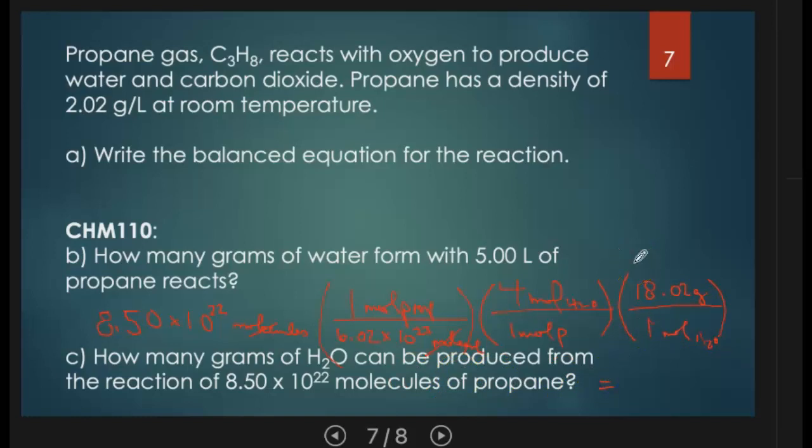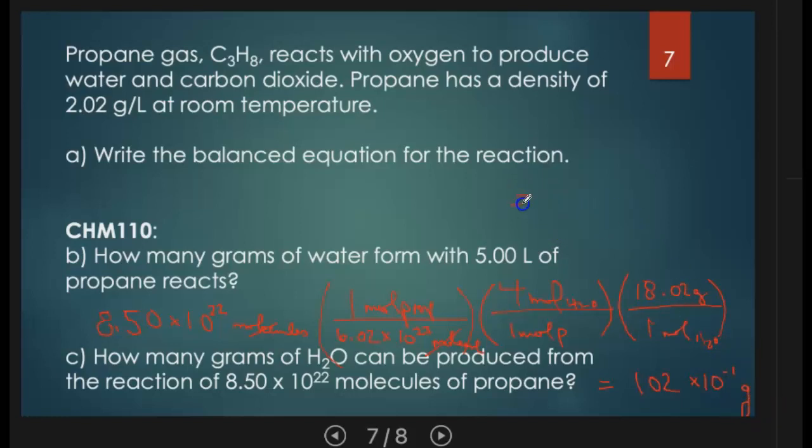And so now, I'm going to take 8.50, divide that by 6.02. I'm going to multiply that by 4, and then multiply that by 18.02. And then with 3 sig figs, we get 102. However, we have 10 to the 22 minus 23, so this would be times 10 to the negative 1, and that would be grams of water.